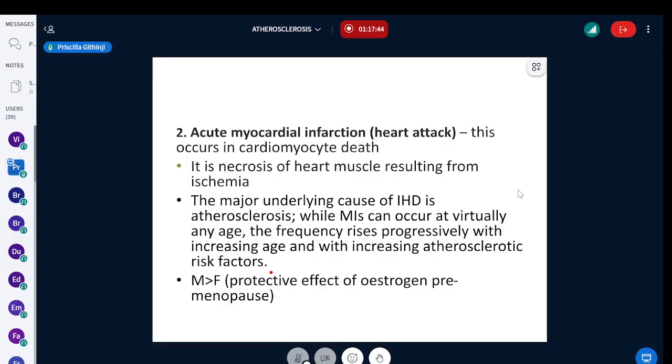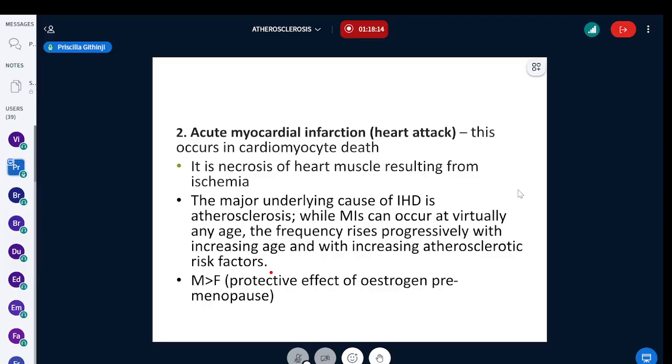And the major underlying cause of ischemic heart disease, we've said, is atherosclerosis. It is important to know that MIs can occur at virtually any age, but the frequency usually rises progressively with increasing age and with increasing atherosclerotic risk factors, which we have discussed, age being one of them.